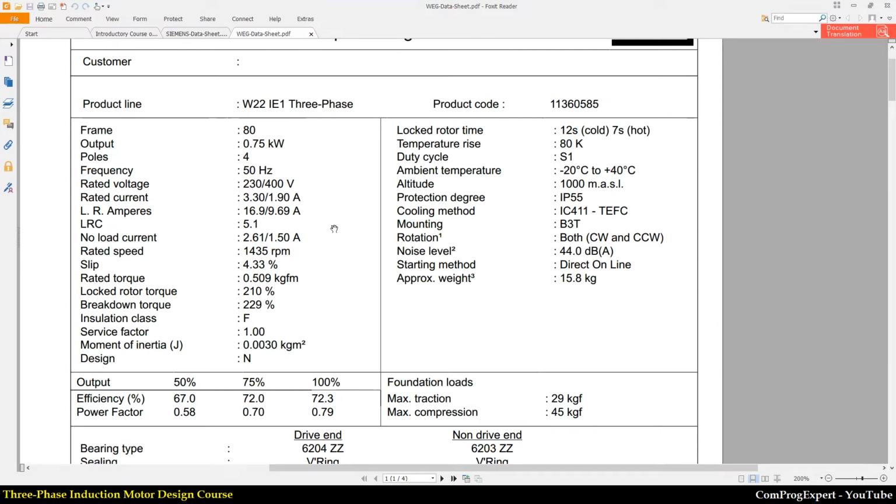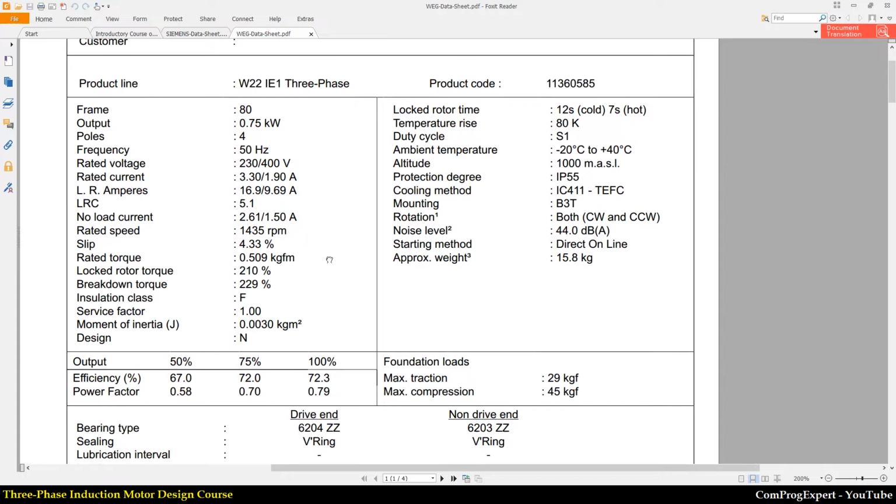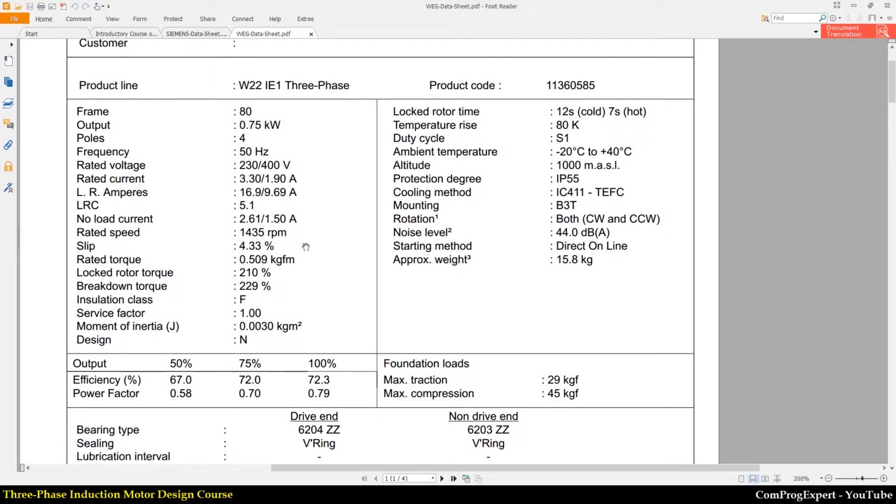And also you can see the value of torque here in this table. Let me check. The value of rated torque is 0.509 kgfm, right? The unit is different from Newton meter, but we can check the value online.